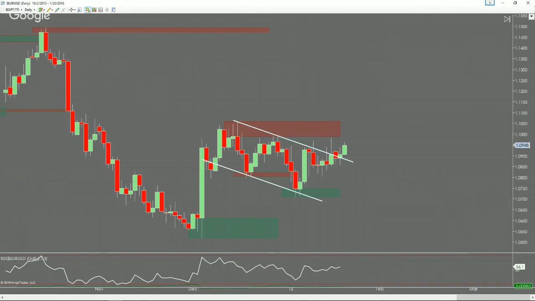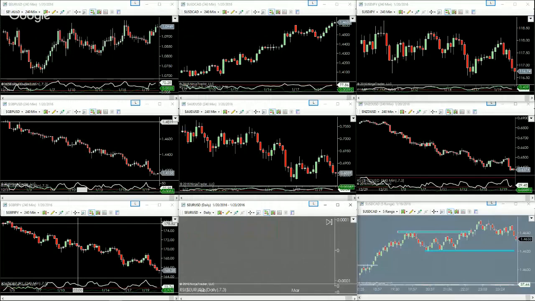However, it has not closed above any of these highs right here. So I'm not looking for any shift in trend at this time.